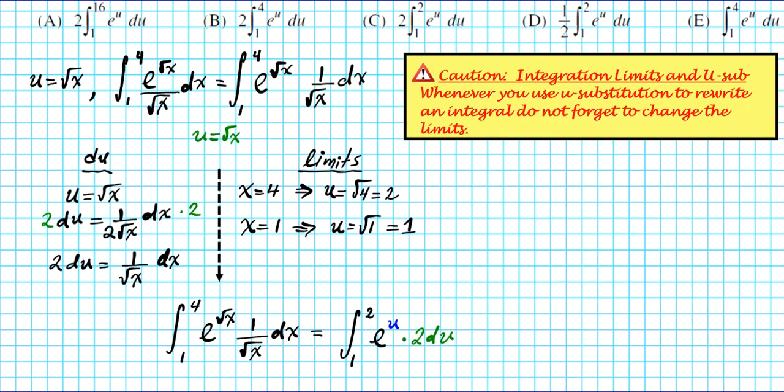Okay, so that gives our new integral using just u's. So let's make it look pretty. This 2 can be factored out, so we have 2 times the integral from 1 to 2 of e to the u du. Correct answer for number 12 is option letter C.